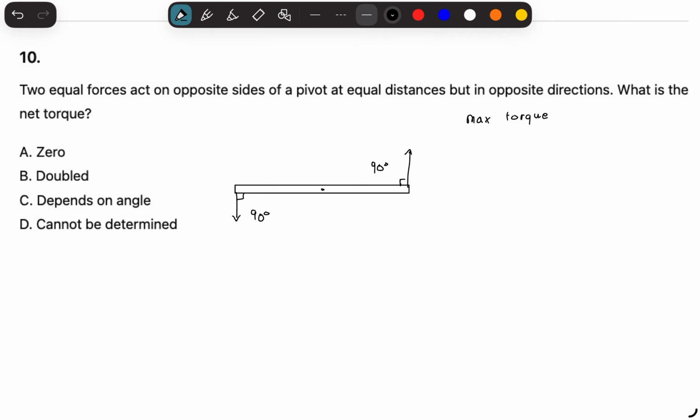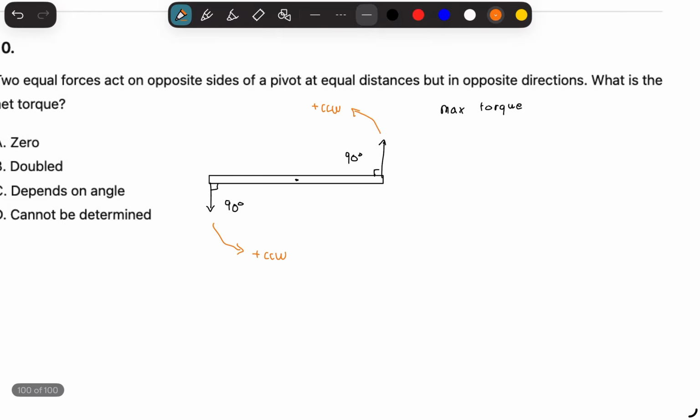Here, they're going to push the object to go counterclockwise in both cases. Because they're in the same rotational direction, your net torque is equal to torque plus torque, aka 2 times the torque. So it's going to be doubled, 2x.